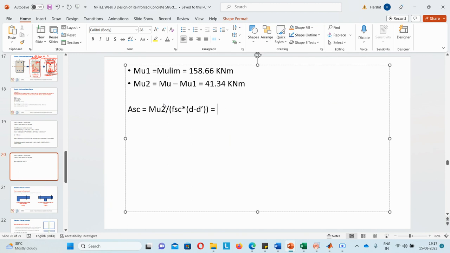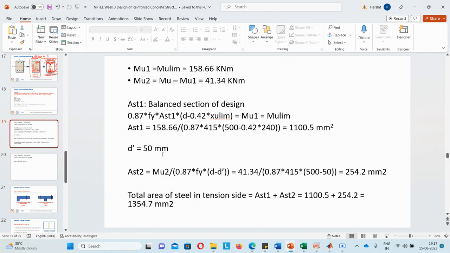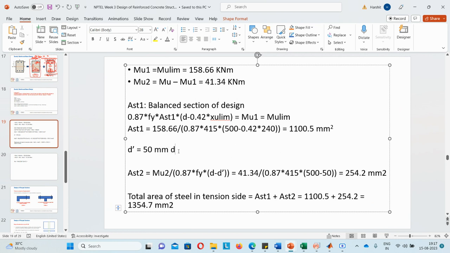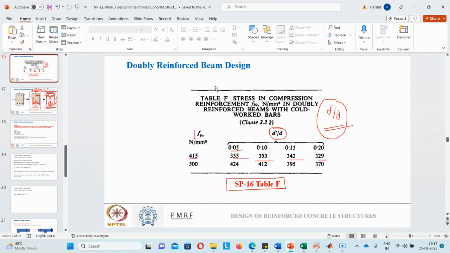And how will we get the fsc value? We know d dash. So what is the ratio of d dash by d? 50 upon 500, which is 0.1. So from SP16, for d dash by d equal to 0.1 and fy equal to 415, my fsc value is 353 Newton per millimeter square.